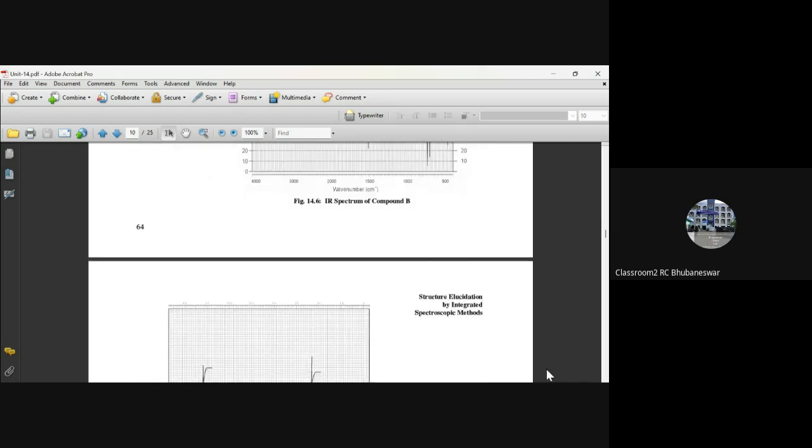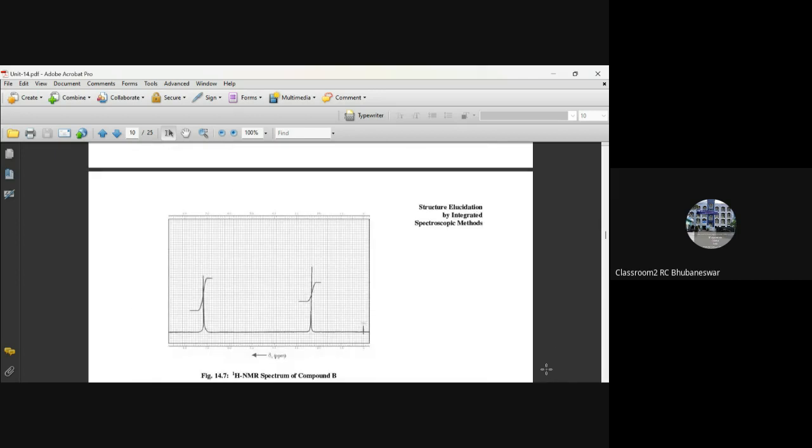Or you can think whether it is an aromatic ring type of structure, because oxygen is not there, nitrogen is not there, so it is a very simple way you can predict.